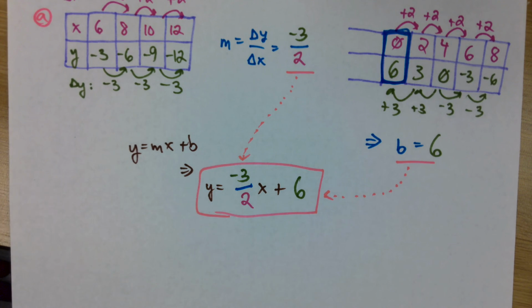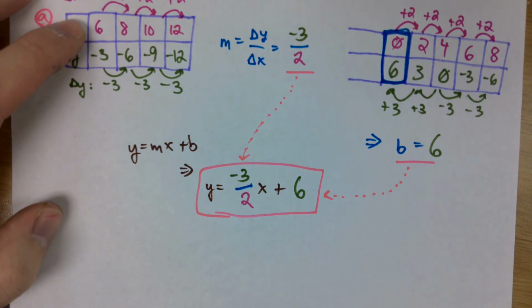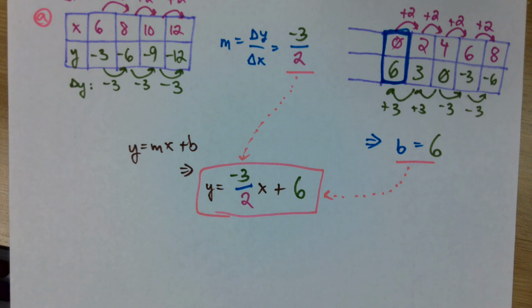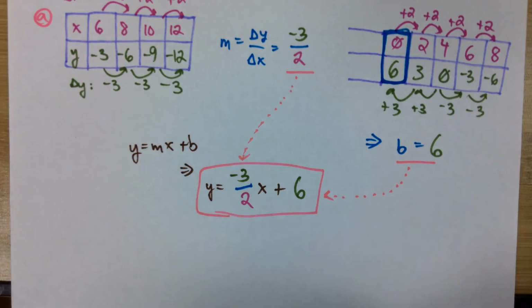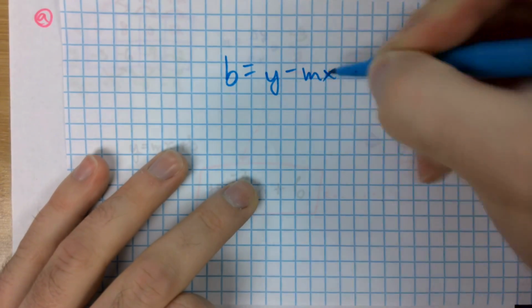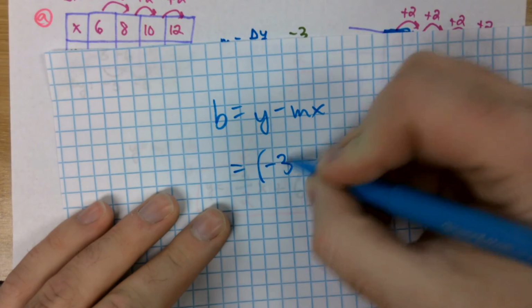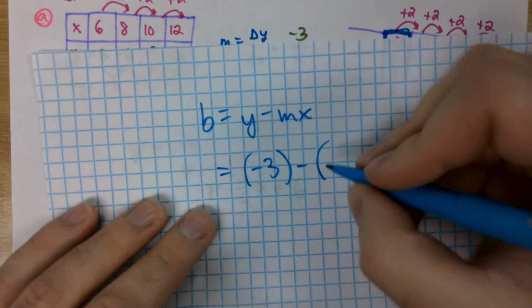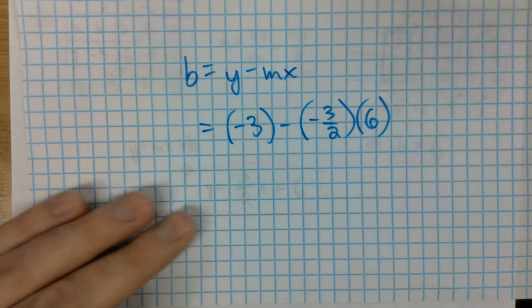Now, yes, we could have also taken this slope, negative 3 over 2, and one of these points, 6 and negative 3. But just so we can see that, right, we'd have b equals y minus mx. Well, if we take the first point, y is negative 3 minus negative 3 over 2 times 6.